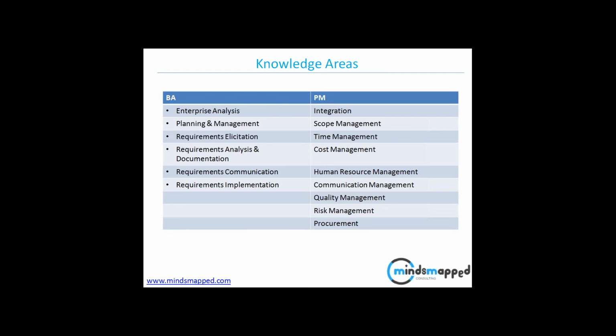And then he would also be involved in the implementation. Once all the developers have developed the software product, then the business analyst would go and see if the end software has come out exactly as he had described it.